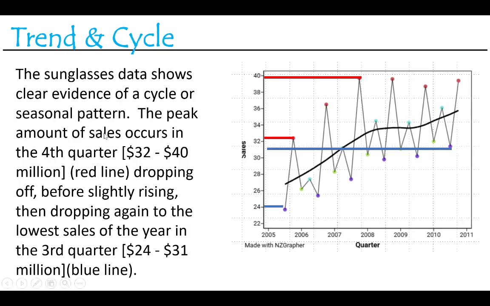The peak amount of sales occurs in the fourth quarter, and you give the exact value, ranging from $32 to $40 million, as shown with the red lines. Dropping off, before slightly rising, then dropping again to the lowest sales of that year in the third quarter. So that's a trough, ranging between $24 to $31 million, shown with the blue lines.